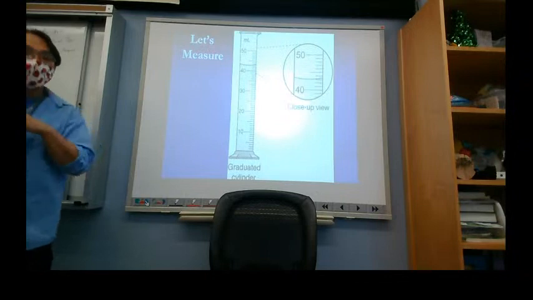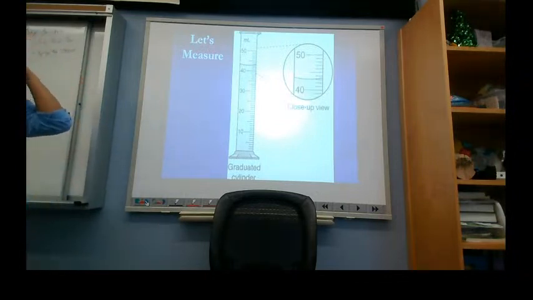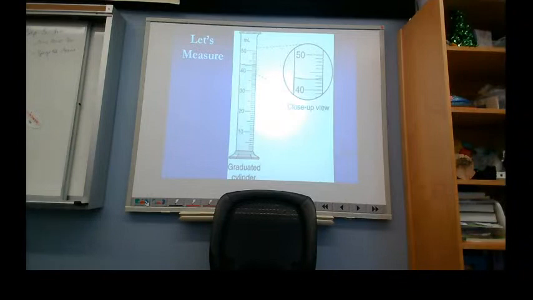So in that live chat, go ahead and put what you think the measurement is here in milliliters for the liquid that we have in the graduated cylinder up in the picture. What do you guys think?